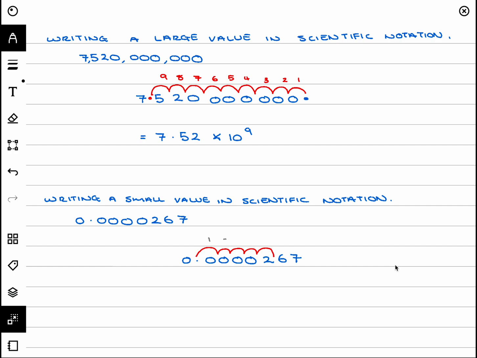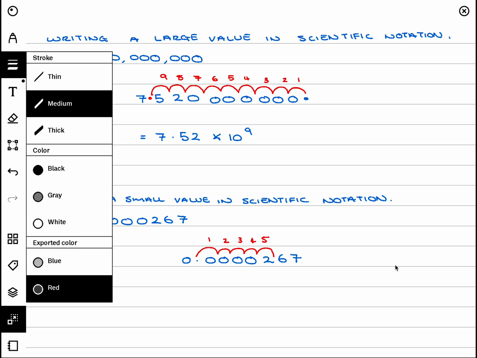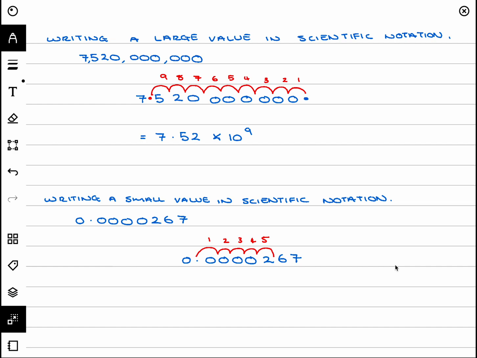Now I've moved this 5 steps towards the left. Okay. So then this expression, and this is very small, so I'm going to write this as equaling 2.67 times 10 to the negative 5, because it's small and I moved the decimal point to the left.